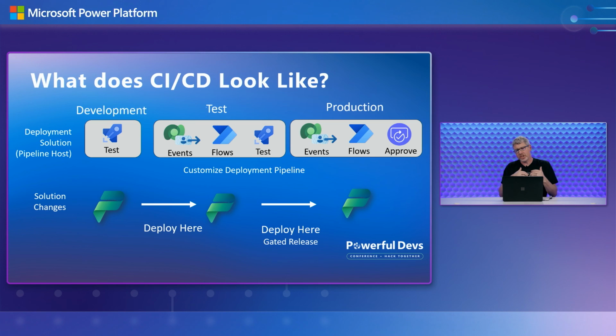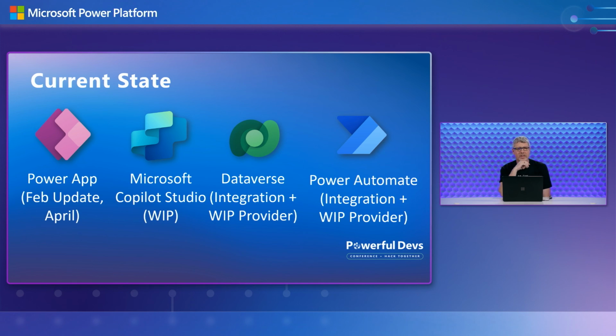So before I jump into the details and show you that, I just want to give an overview of the current state of where we are today and where we are going around testing, thinking about Test Engine. The first thing we started with, as I mentioned, is Power Apps. We've got an update coming out soon that's going to update how you can do Canvas applications and work with model-driven applications.